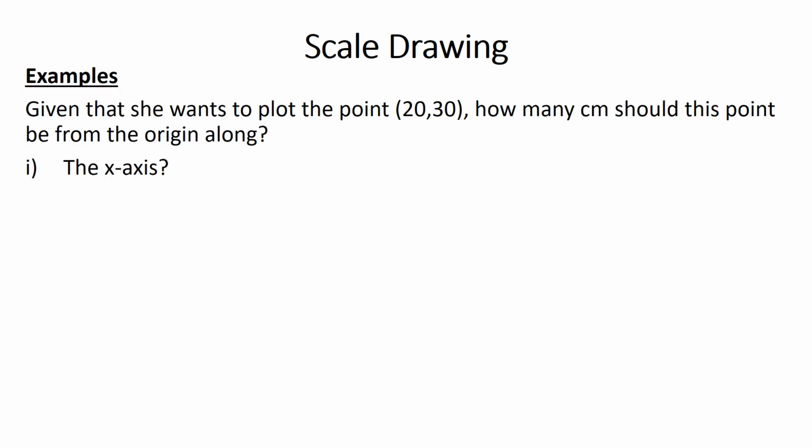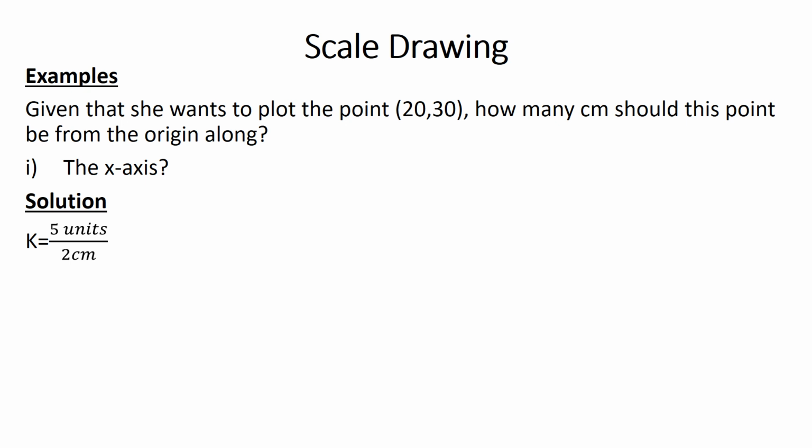So we start with the first part. The scale factor, like we agreed, is 5 units to 2 centimeters. Okay, so to know how many centimeters are represented by this 20, we write, like we did before, the formula for scale factor, which we know is map distance over actual distance.